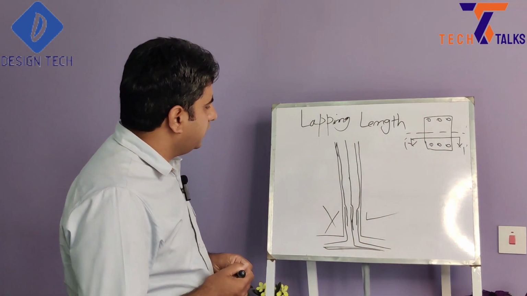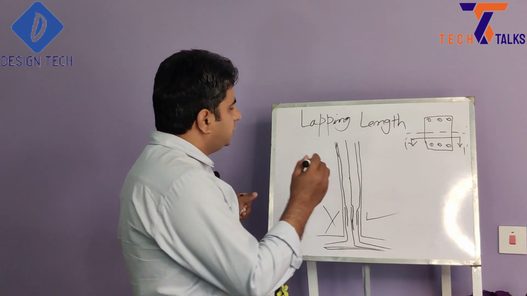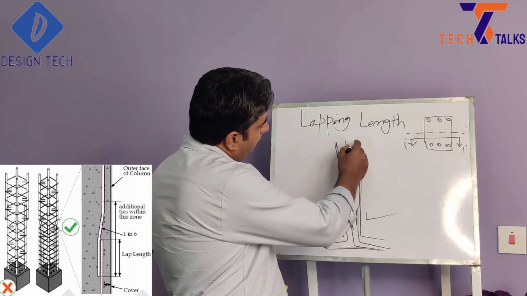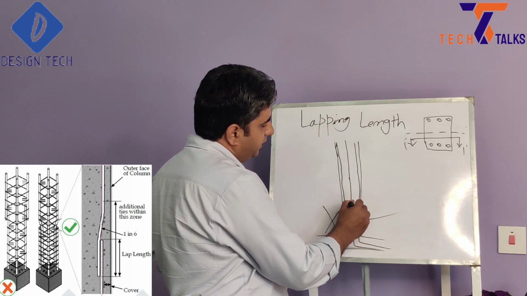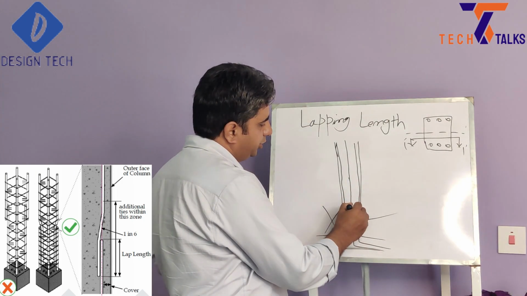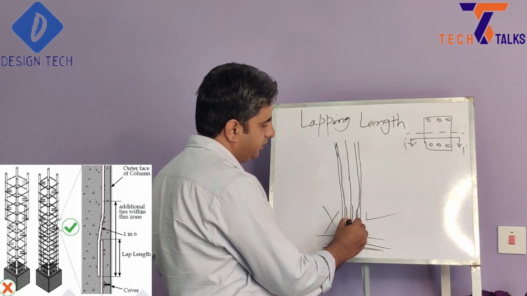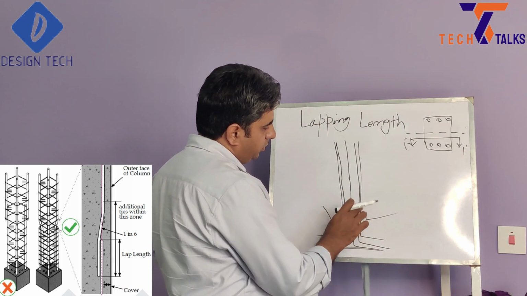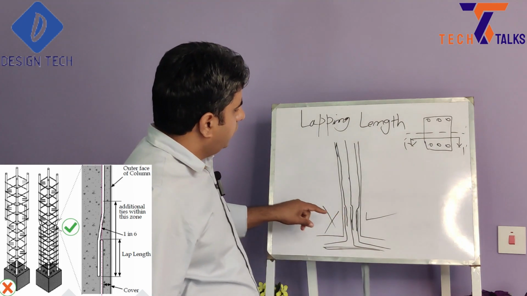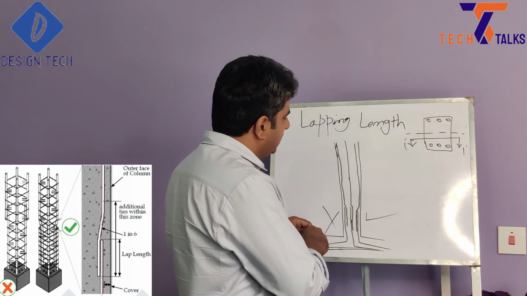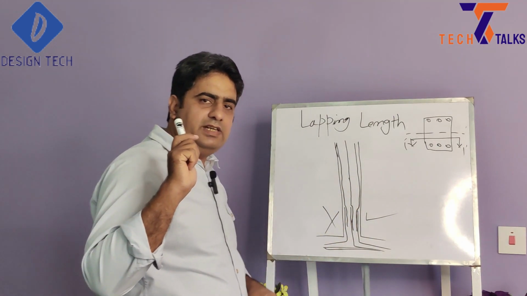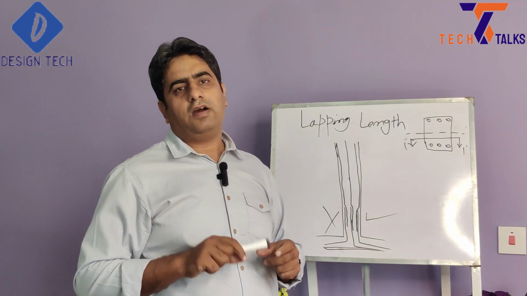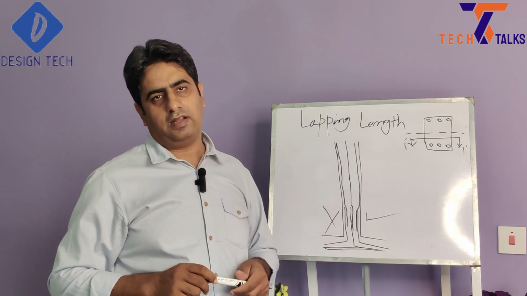Another thing: when we provide lapping, we should keep the bar in the same line, but when it comes near the lapping location, we should bend it and insert it inside. In this way we try to achieve the maximum d length, because d length always affects the design of any structural element.